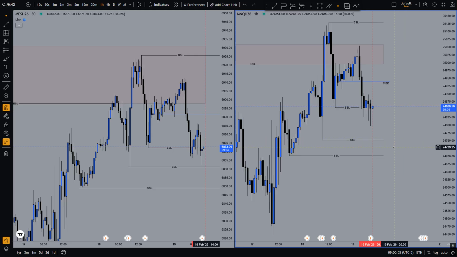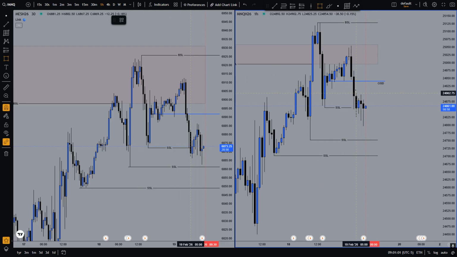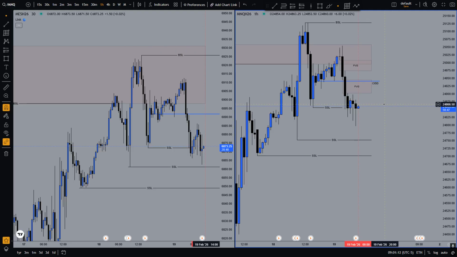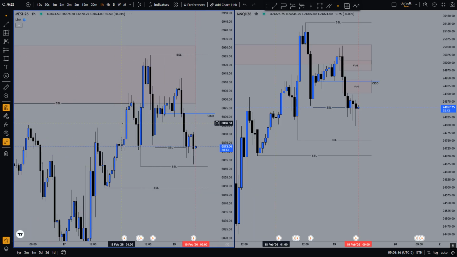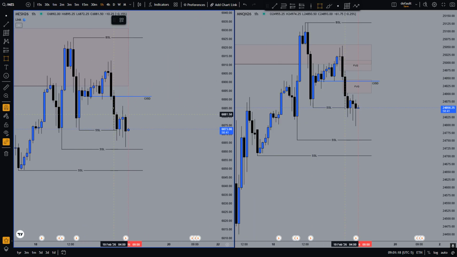Now I just want to see what we do. So we have two unfilled 1 hour gaps right here up top. I'm gonna mark out here. Okay, so we have two unfilled 1 hour gaps. On ES, same thing.